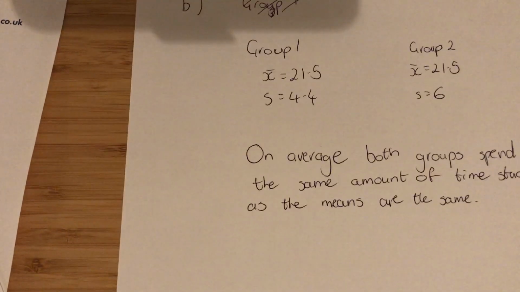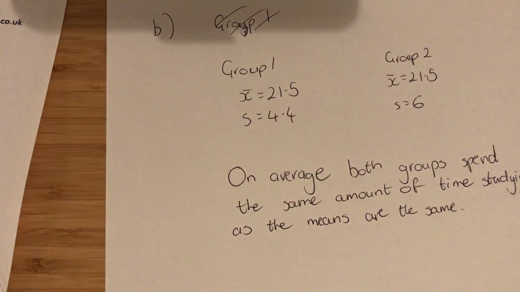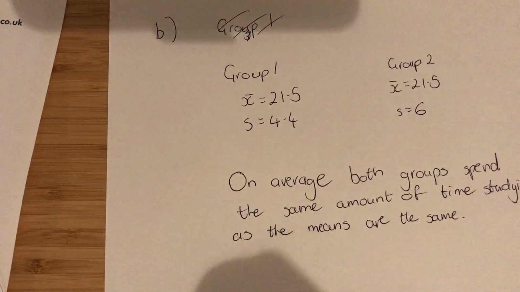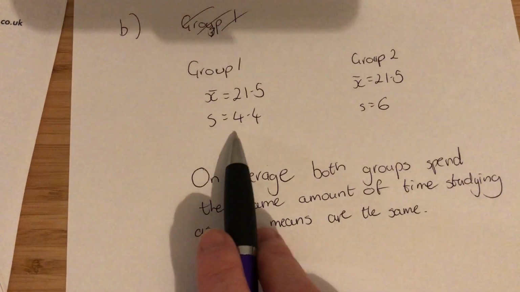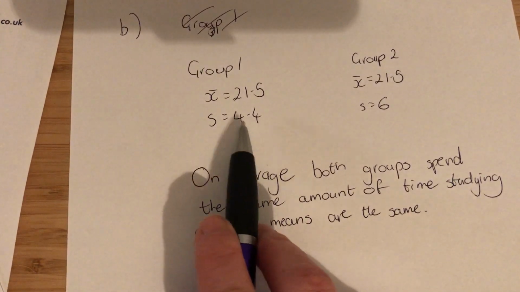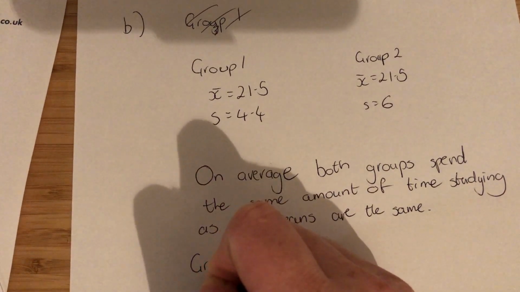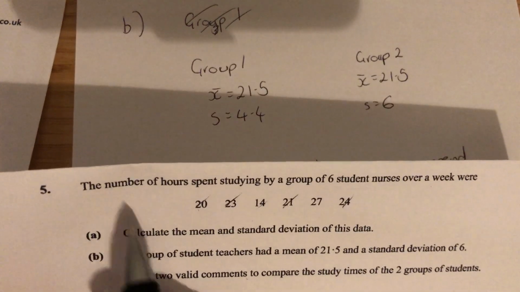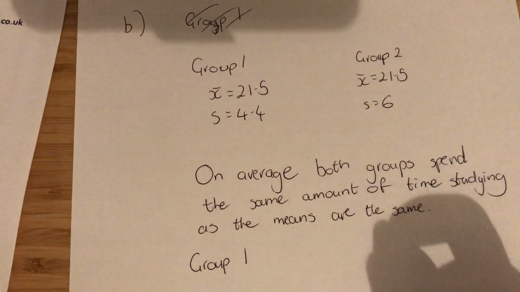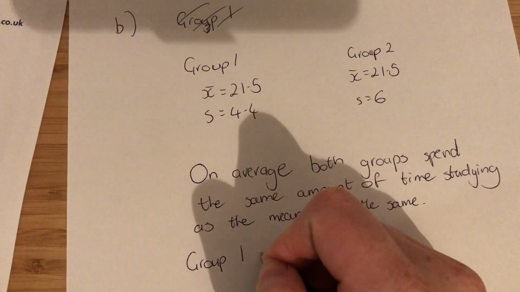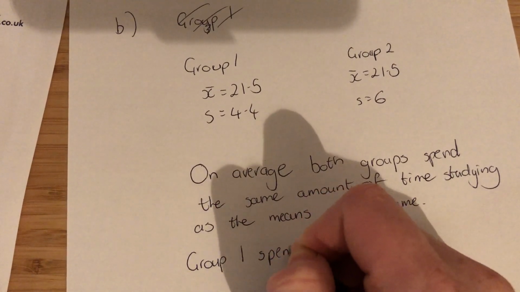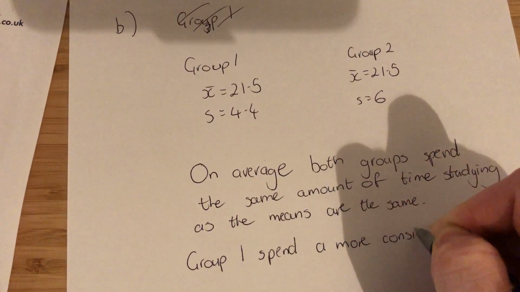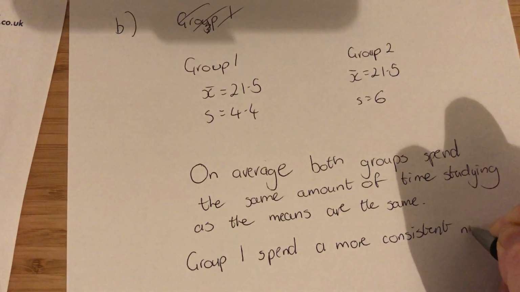Alright, second part, comparing standard deviations. With standard deviations, we're talking about how far away the data is from the mean. The smaller the standard deviation, the more consistent it is. So here, our more consistent one is group 1, and we're talking about the number of hours spent studying.